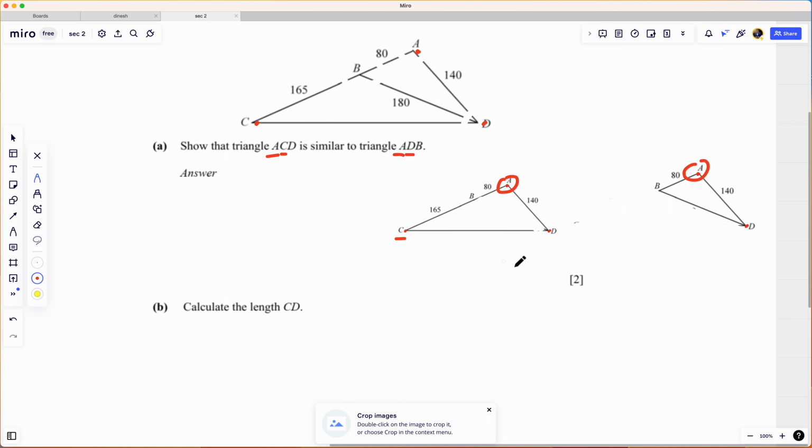Now A is here, I'm going to move it here, but I need to move the D. The A to D is actually 140 according to this, and AB is 80. Then you connect this. So I label 80.